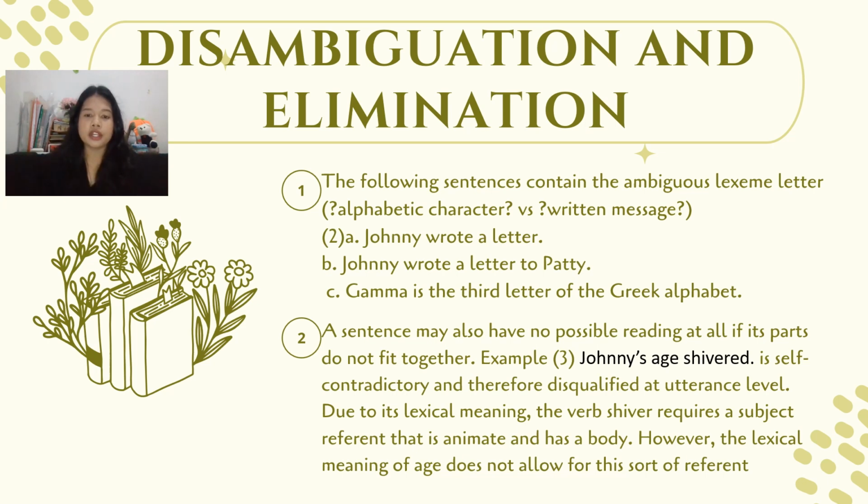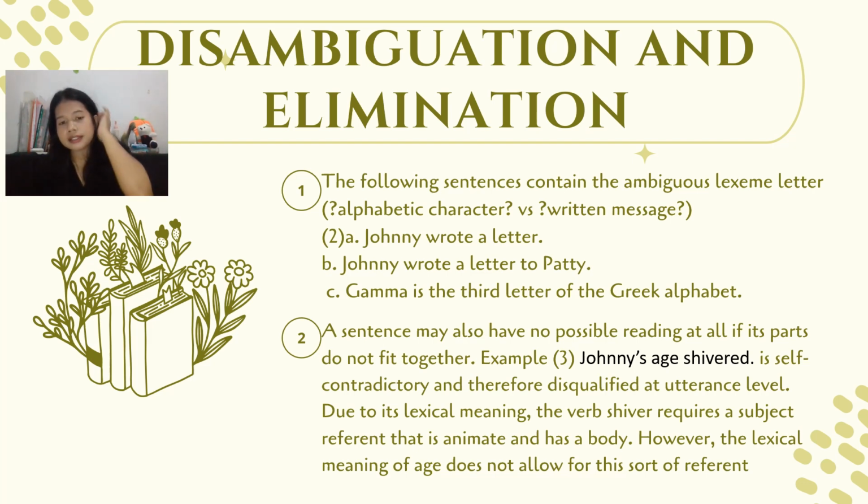So the letter here means the alphabetic character. The rest of the sentence will not make sense unless letter is understood as a character. Thus, the immediate sentential environment of a word may call for particular meaning variants and exclude others.